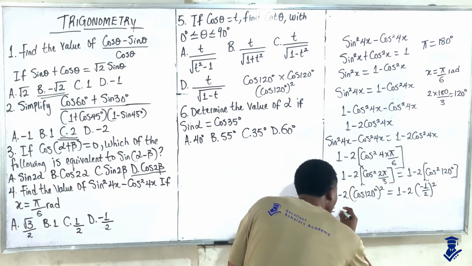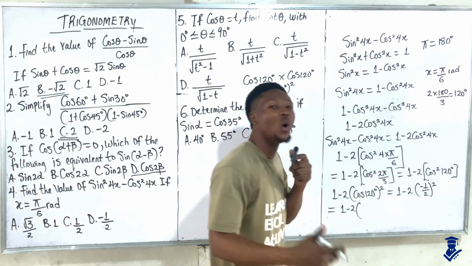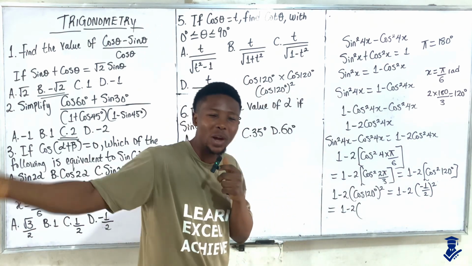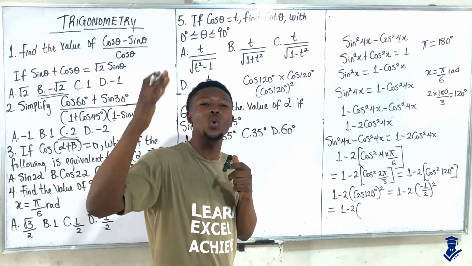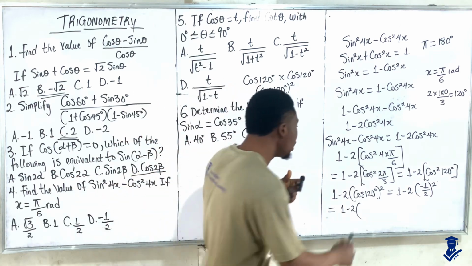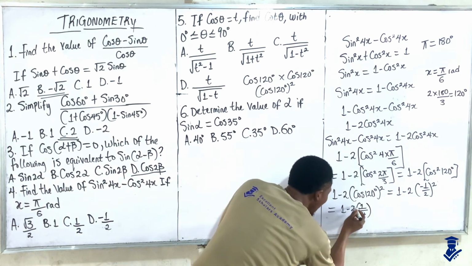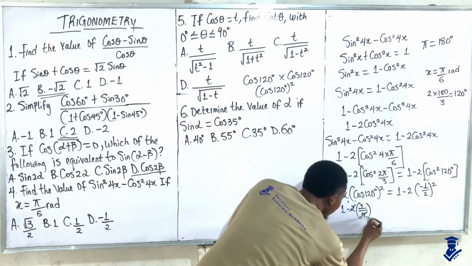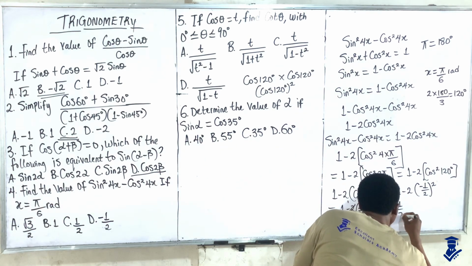So that's going to be equal to 1 minus 2 into bracket. Now, minus 1 over 2 all squared is minus 1 over 2 times another minus 1 over 2. Now, minus 1 over 2 times minus 1 over 2 is going to give us plus 1 over 4. And then we have that 2 can go here 1, 2 can go here 2. So we're left with 1 minus 1 over 2.